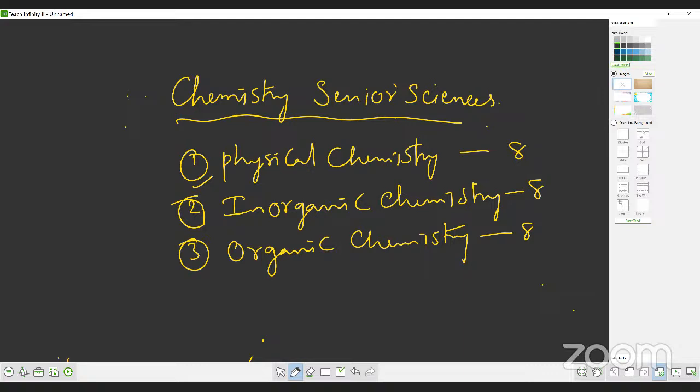Then coming to inorganic chemistry, here you have direct LAQs: one from the 15th group elements, one from the 16th group elements, and one from the 17th group elements.